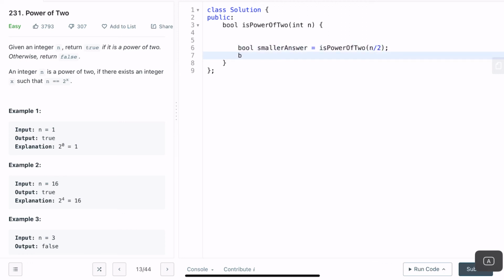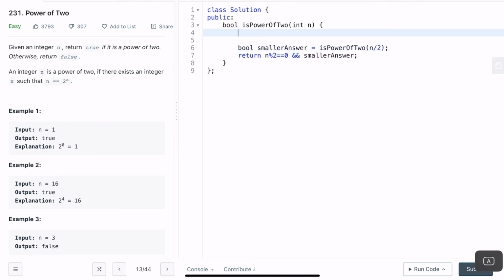Now what would be the final answer? If we are assuming that we have got the correct answer for the smaller input, the final answer is nothing but we check our current input and use the answer for our smaller input to get the final answer. So we have checked whether our current input is divisible by 2 or not, and we've used the answer from our smaller input to calculate the answer for our current problem.